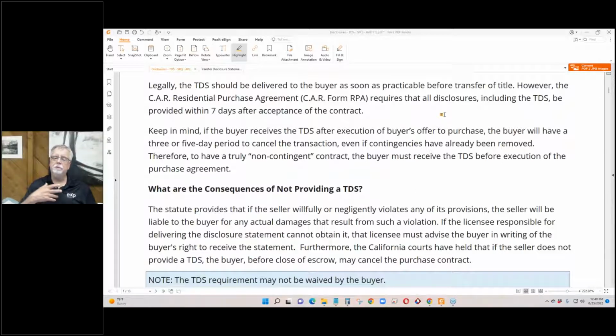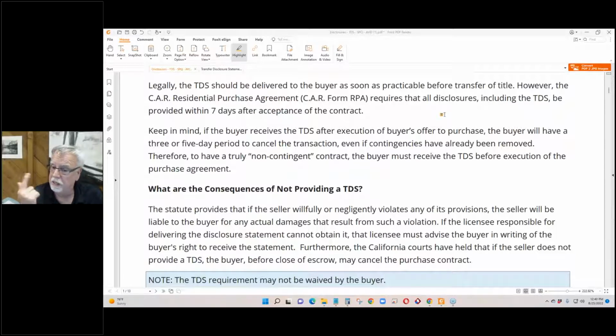And although this seems picky, the ability to back out using the transfer disclosure statement is written into the California Civil Code. And the clause in the residential purchase agreement that says everybody has to act in good faith can't change the wording of the California Civil Code.